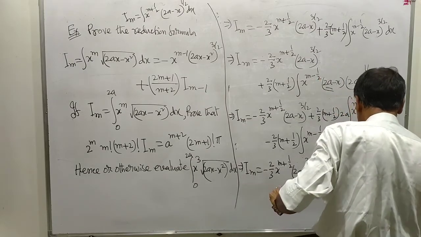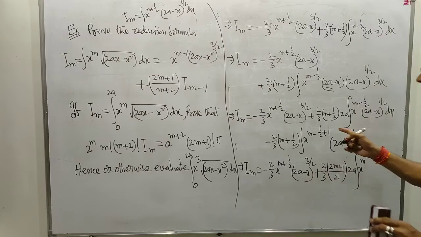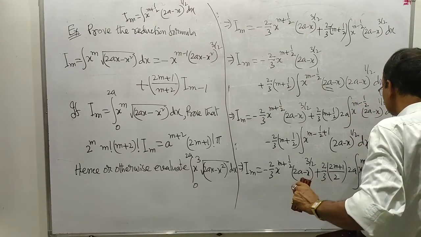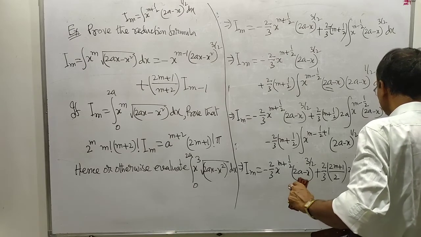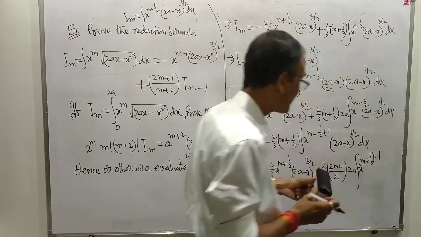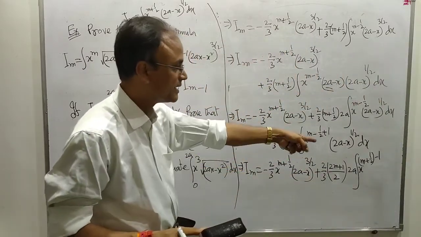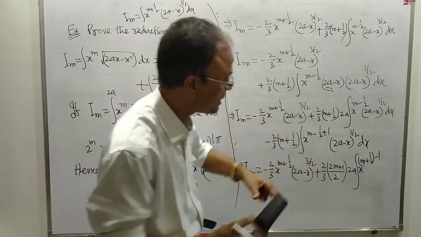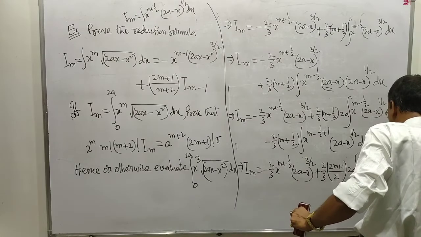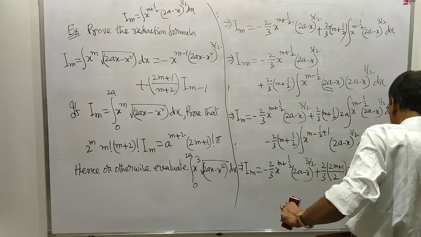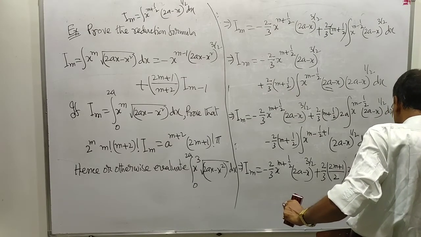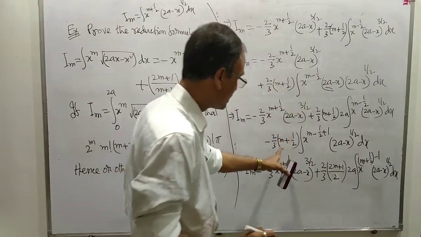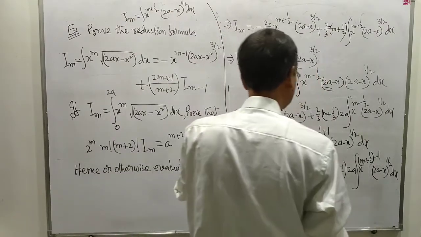This integral can be written as x to the power, what is I_m? x to the power m plus half. You may write here minus 1: for m minus half you write x to the power m plus half minus 1, into (2a minus x) whole to the power half dx. Now what about this term?